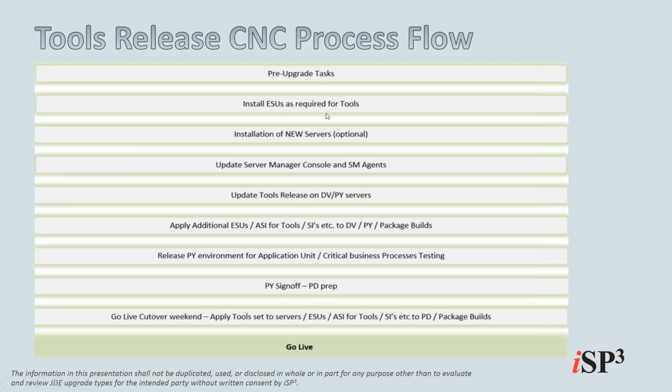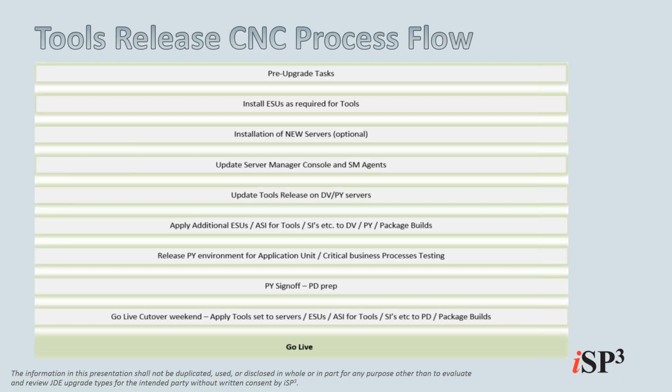So then you would install the ESUs required for tools and additional. You may have new servers. Like we said, that's a highly recommended suggestion that you have new servers. So you do the install of that. Server manager goes along with the tool set, so you always update the server manager. You can have server manager console and the agents higher than the tool set, but you usually keep them consistent with your highest level tool set in your environment.